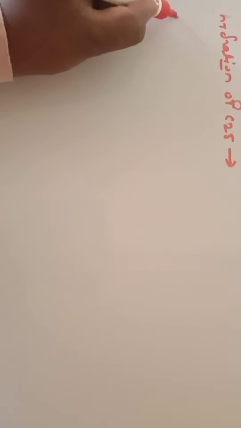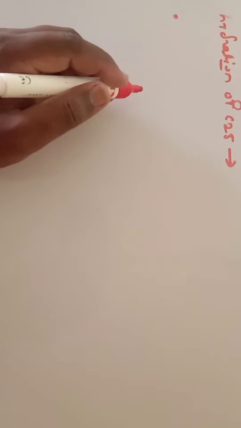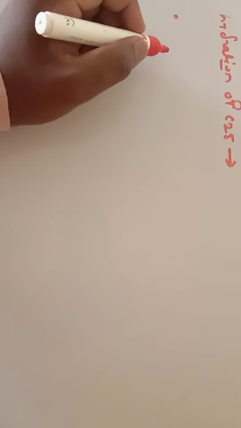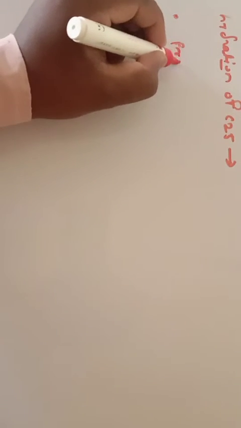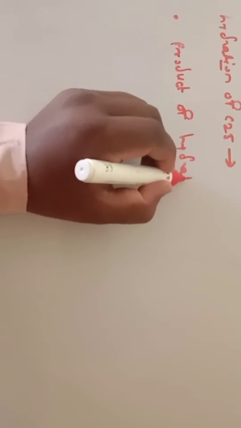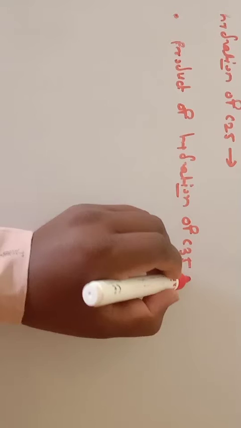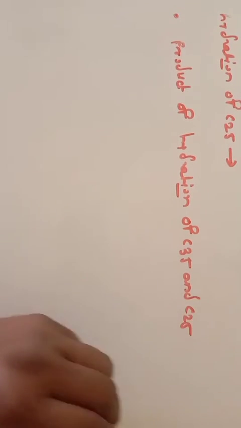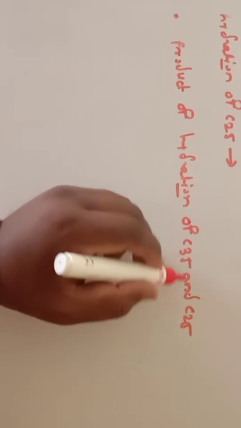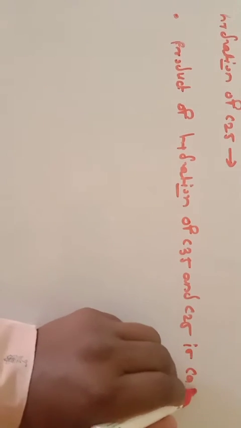So in this reaction, along with the hydrates, that is calcium silicate hydrate and calcium aluminum hydrate, there is a formation of calcium hydroxide. One of the products of hydration of C3S and C2S, that is tricalcium silicate and dicalcium silicate, is calcium hydroxide.